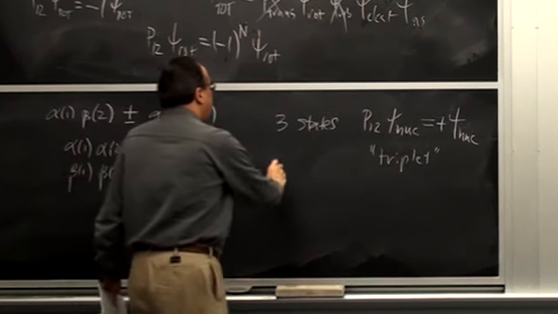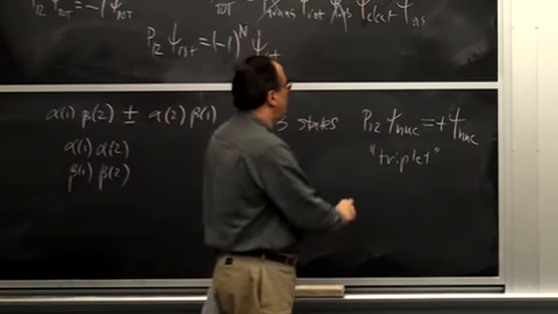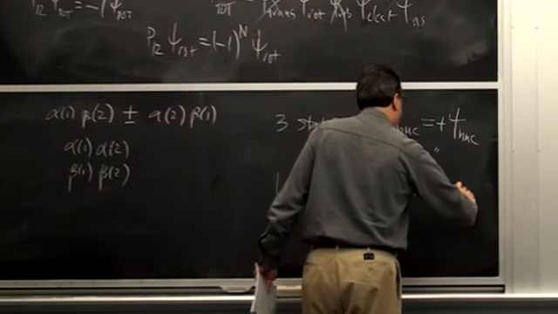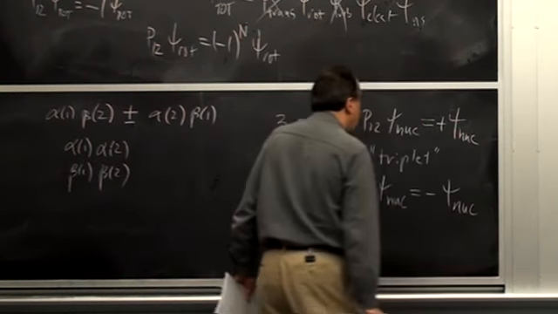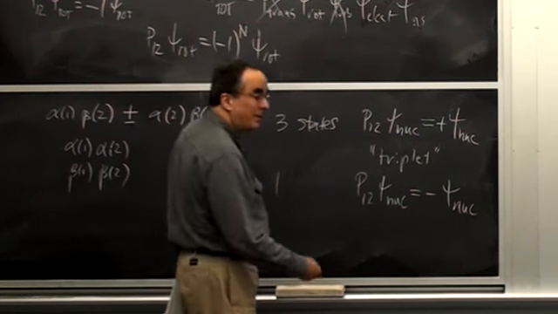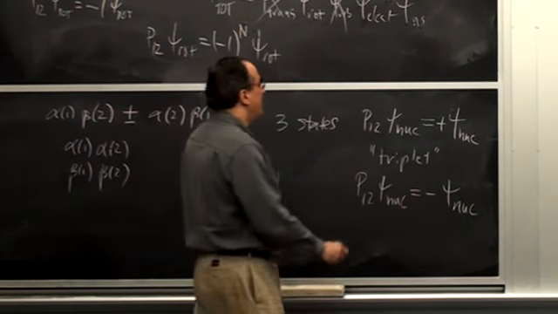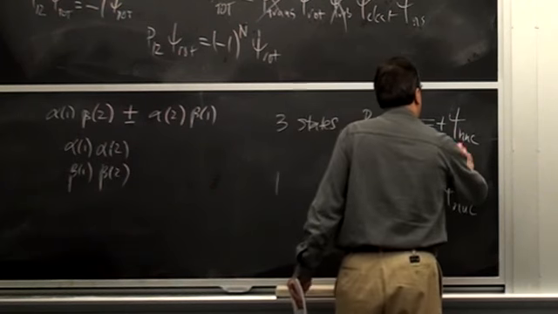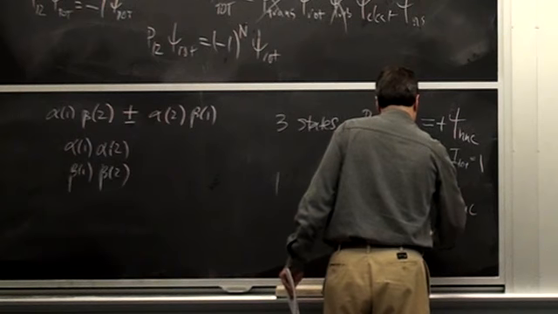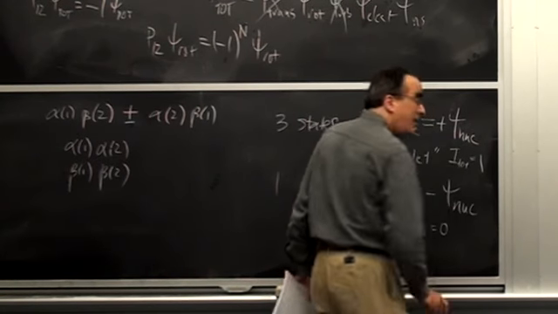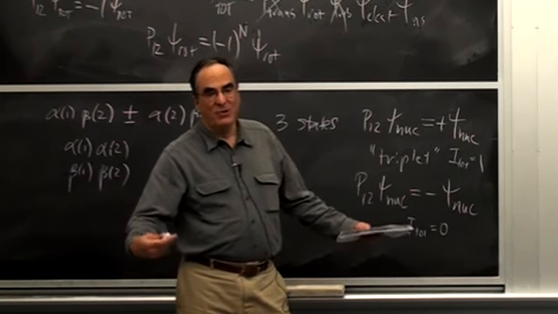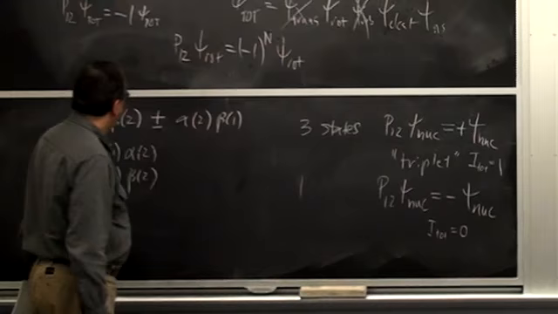And one state where P12 psi nuclear is negative, and that's called nuclear spin singlet. For the triplet, I total is equal to 1. And for the singlet, I total is equal to 0. Again, big surprise, singlet and triplet. 2S plus 1 or 2I plus 1.